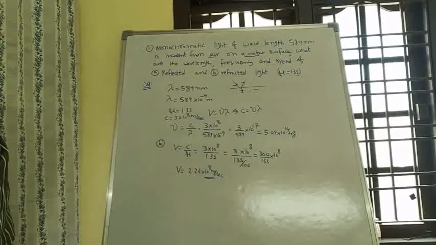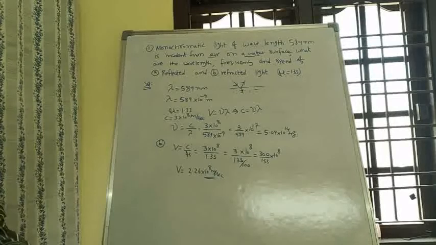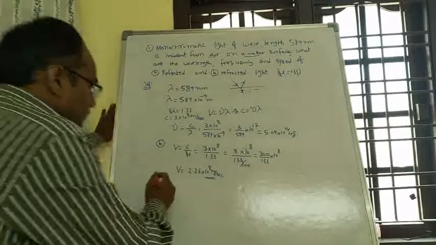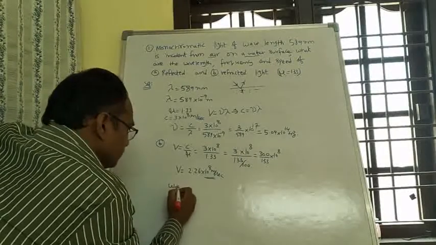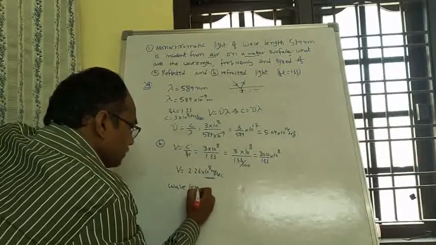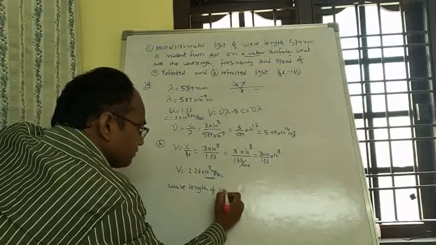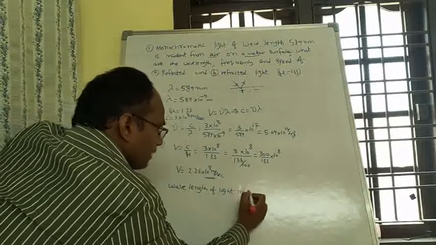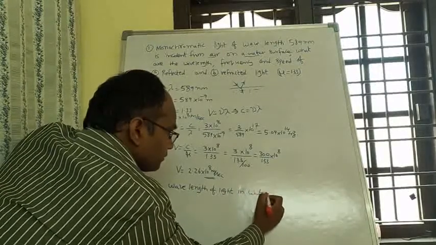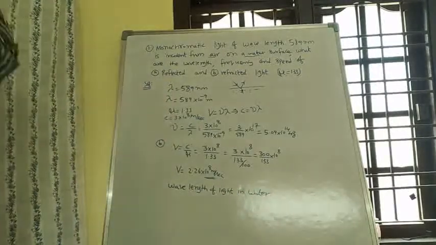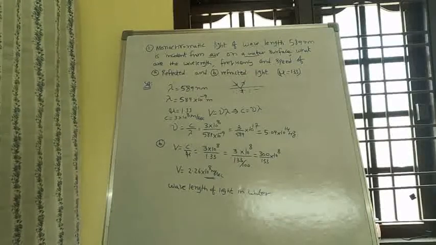Now, the wavelength of the light in water. How much is it? What is the formula we have to write?